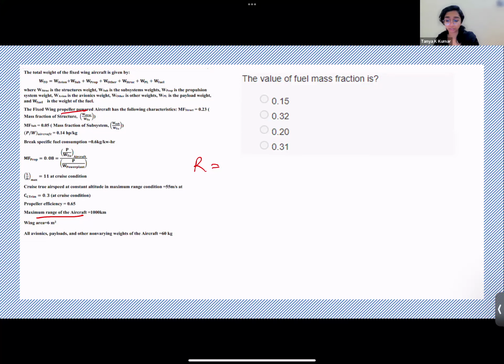What was the range equation for propeller powered aircraft?